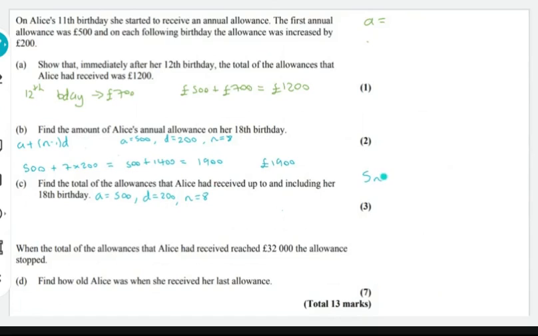Okay, so let's see. Sn formula: n over 2, open bracket, 2a plus n minus 1 d.